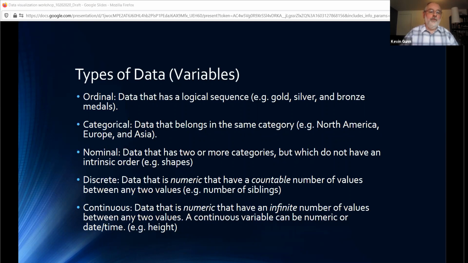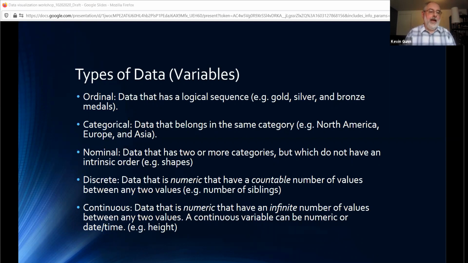So I think for most of us, we've probably talked about variables with regards to types of data. You need to understand the types of variables that you have within your particular data set. This understanding is important as it will determine to a certain degree the type of visualization you use. You can look at ordinal data, data that's in a logical sequence like gold, silver, bronze.